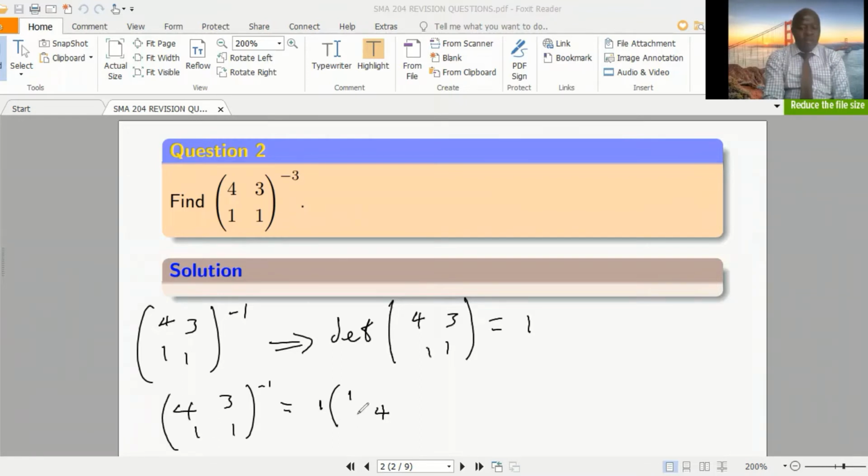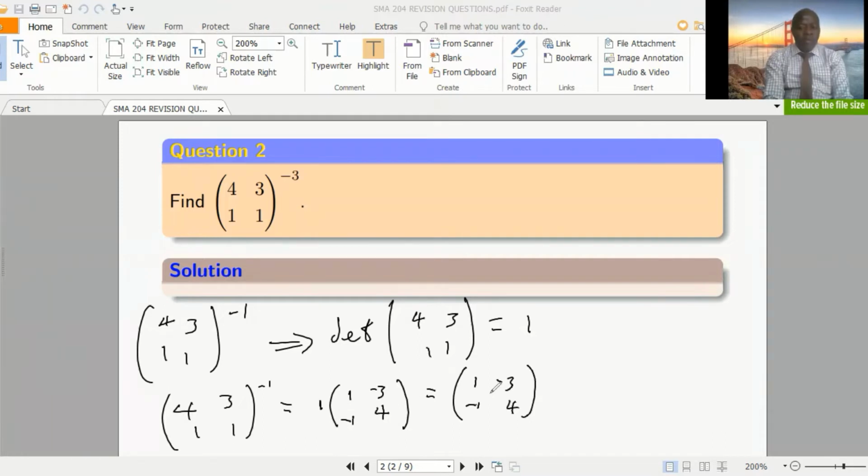So this will be -1, -3. So when you do that, what you then get will be 1, -3, -1, 4. So this is the inverse of the matrix here. Now, let's raise this inverse to 3. So that means you just multiply it 3 times.